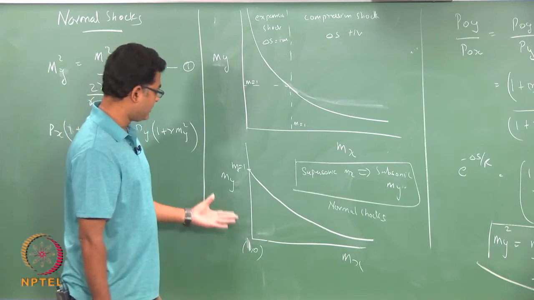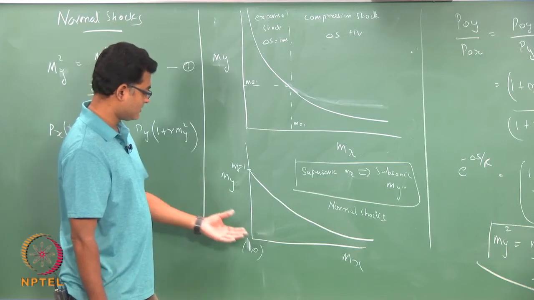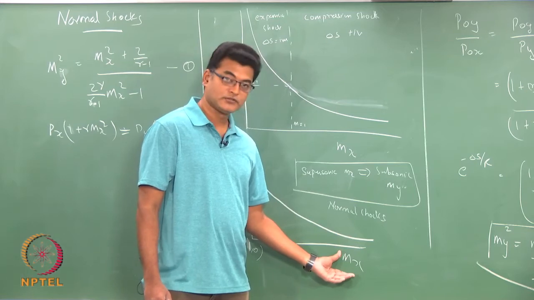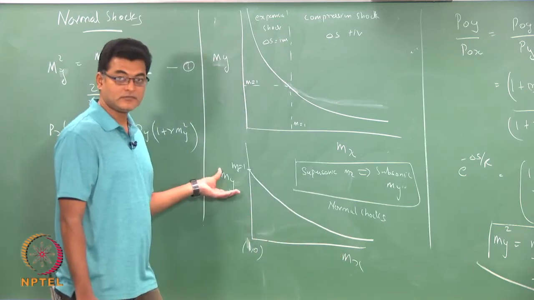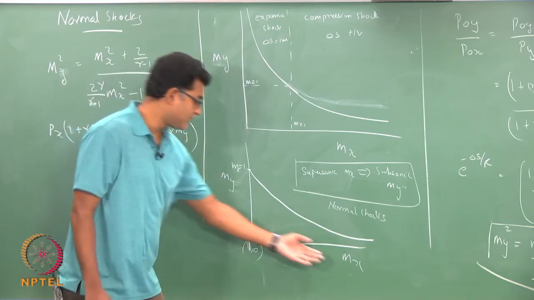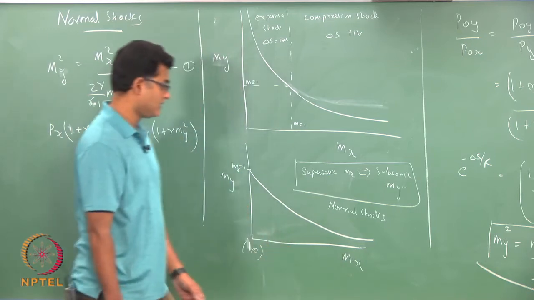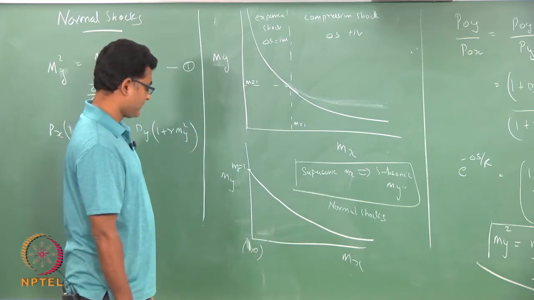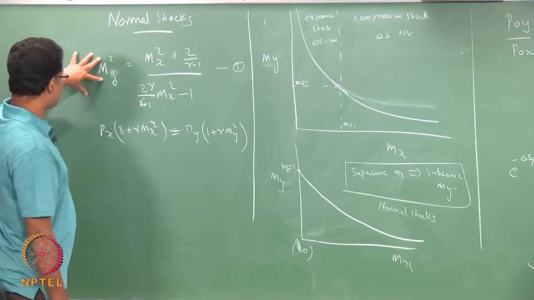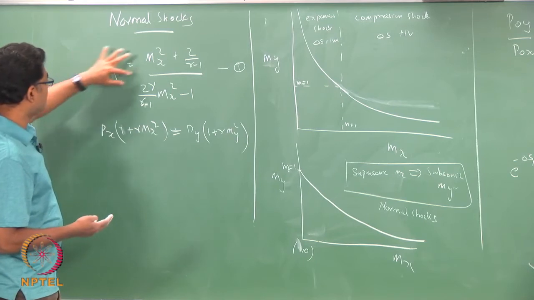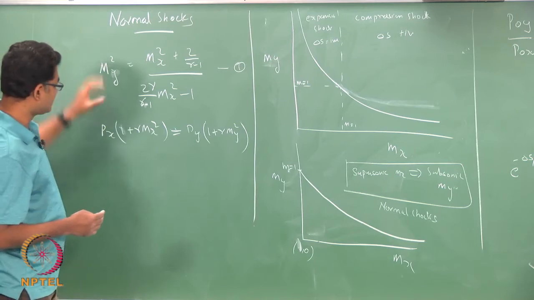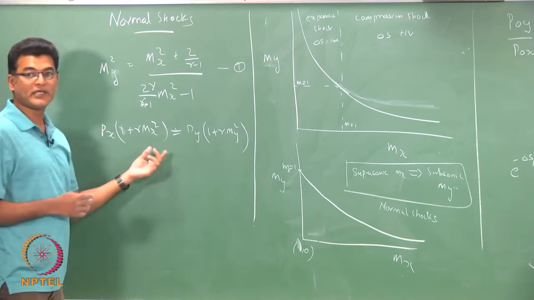So, from the gas tables you can relate, for every supersonic Mach number, a subsonic Mach number after the shock. So, this depends only on your Mx. The moment you have a relation between the Mach number that exists before the shock and after the shock, I can replace all these My's in terms of Mx.